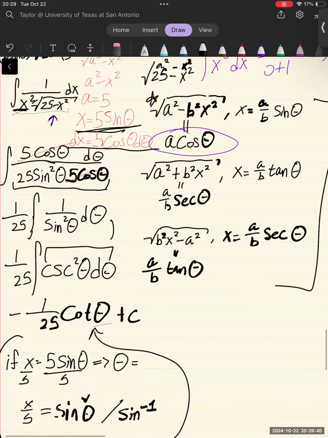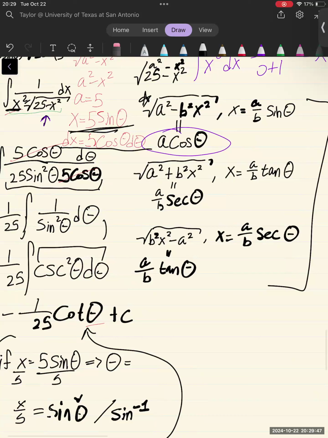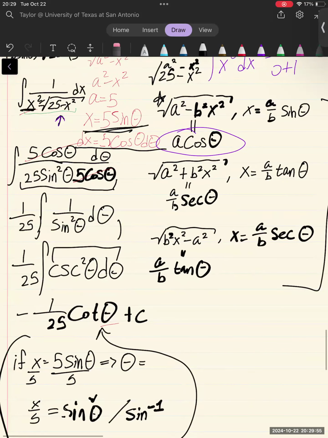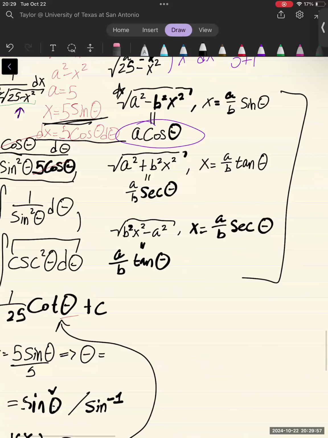And then if you remember, this is why they emphasized in Calculus 1 to really memorize all of your trig derivatives, because you would just have to recall that the derivative of cotangent theta is negative cosecant squared, right?